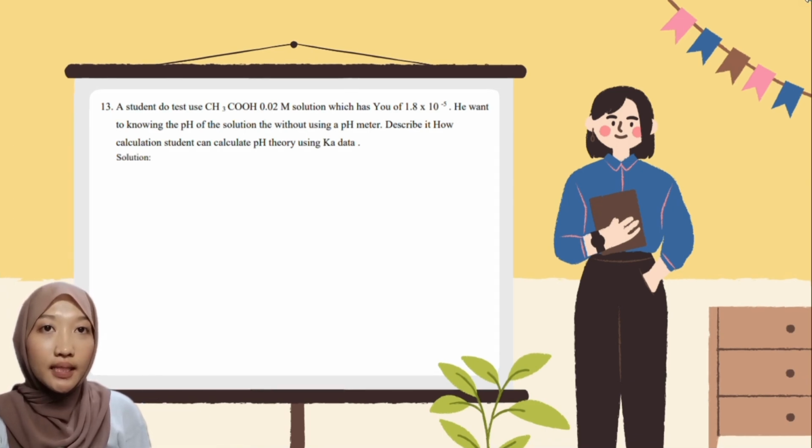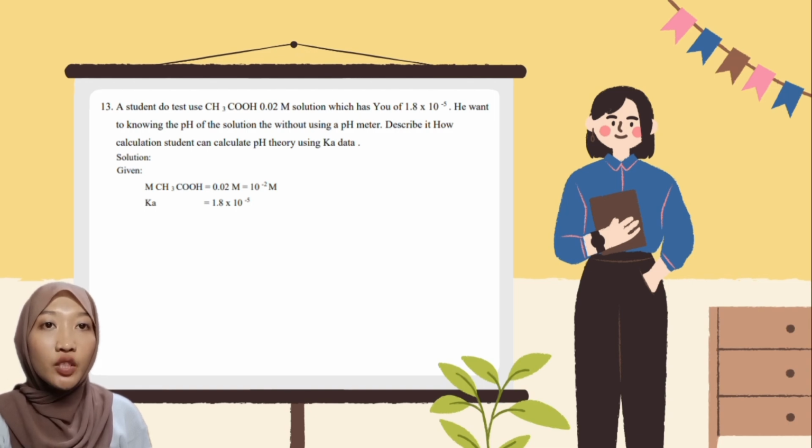The solution is, given M CH3COOH equals 0.02 M equals 10 to the power of minus 2 M, and Ka equals 1.8 times 10 to the power of minus 5.